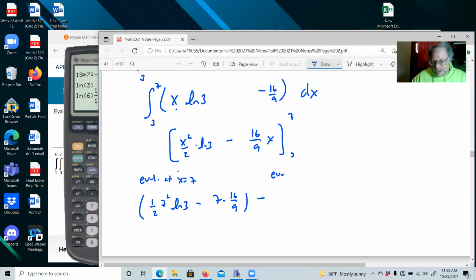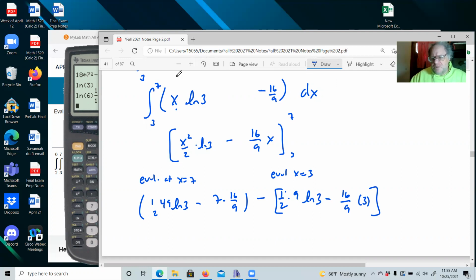Minus evaluate at x equals 3. So here we have 3 squared, that's 9. So we have 1/2 times 9. Since I did it that way, I'm going to go ahead and change this 7 squared to a 49. This is ln 3 minus 16 over 9 times 3.